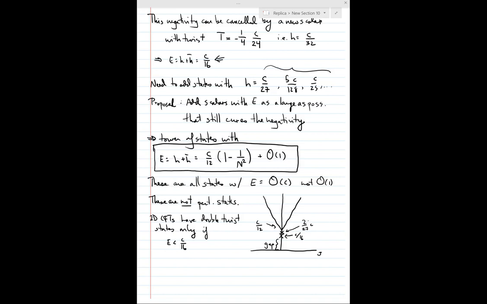But the proposal, I think, the more economical proposal, is that you should just add in these states for every integer value of n. Because I think, as we're going to get to in just a second, there's a very nice physical interpretation in that case. And there also you say that for some large but finite c, you can show that with this new proposal, the spectrum is positive.